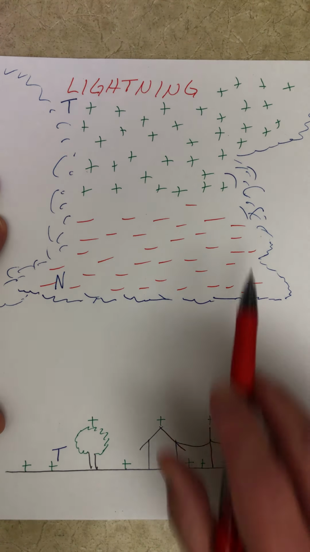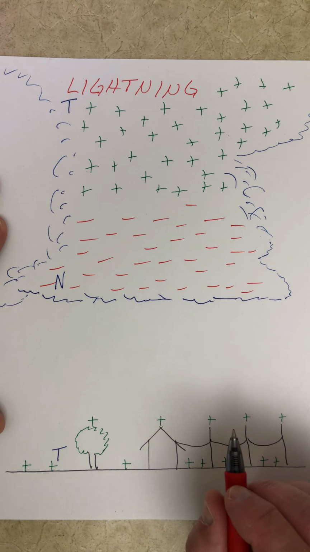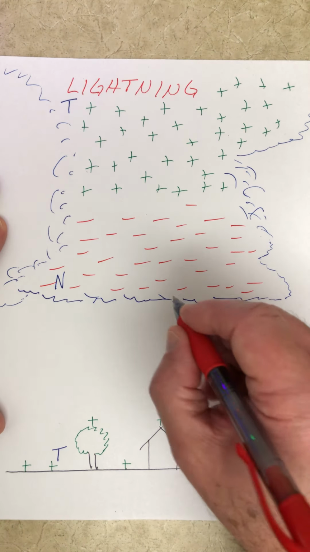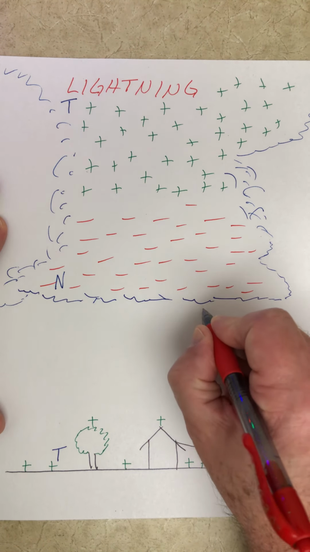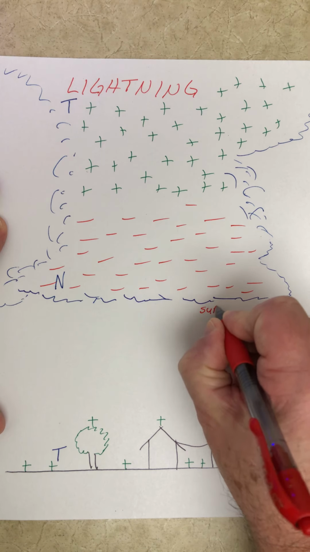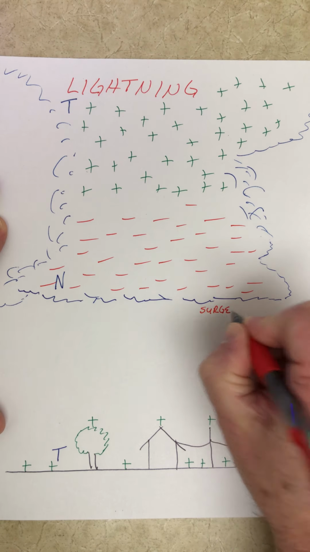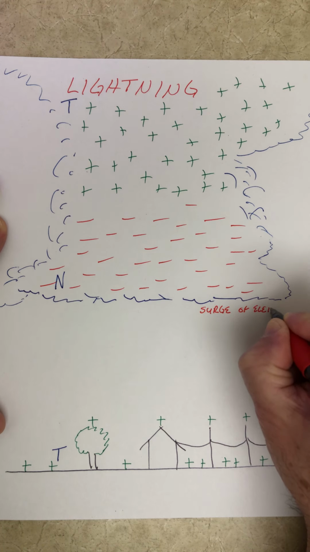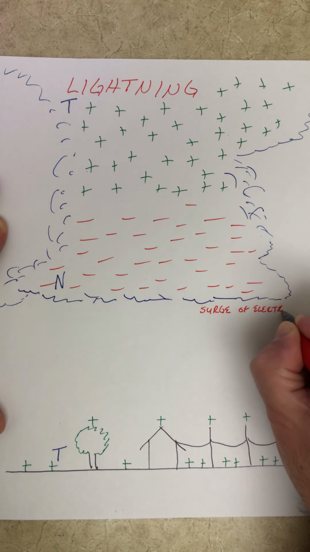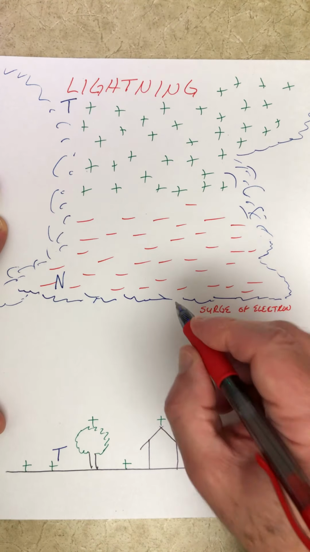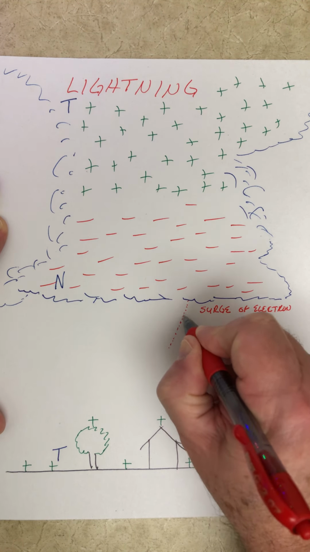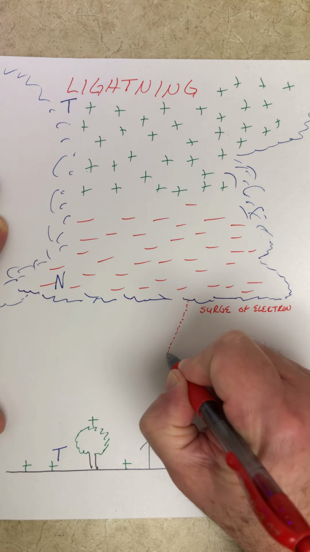All right, so we've got this collection of negatively charged particles, electrons, near the base of the cloud. Okay, and those negatively charged particles are going to start to surge towards the surface. So we get a surge of electrons leaving the base of the cloud. Okay, and I'll draw that as just this little dot here, dot or dashed line.